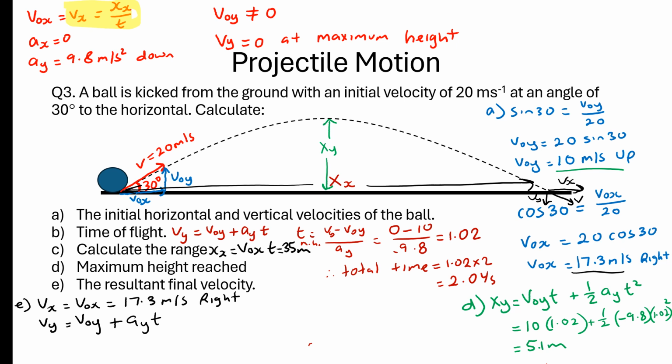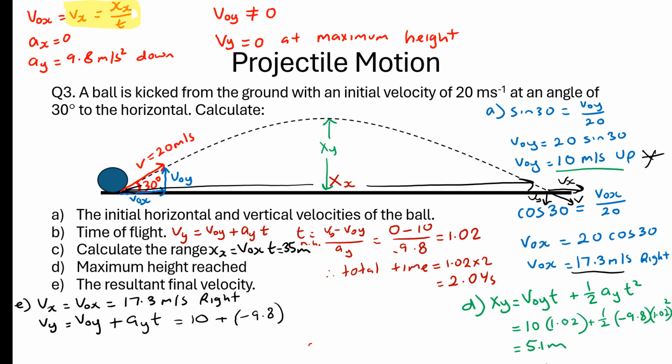And now let's sub in the values. So V naught y is equal to 10 meters per second up. Because it's upwards, so plus 10, plus ay is downwards, so minus 9.8 times the time.